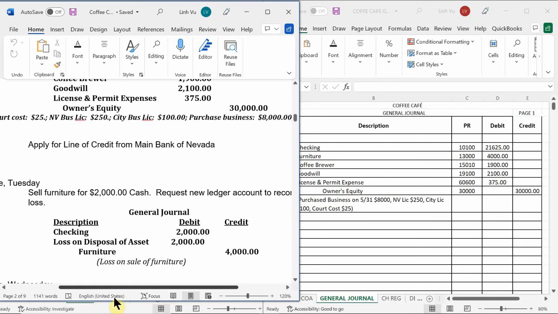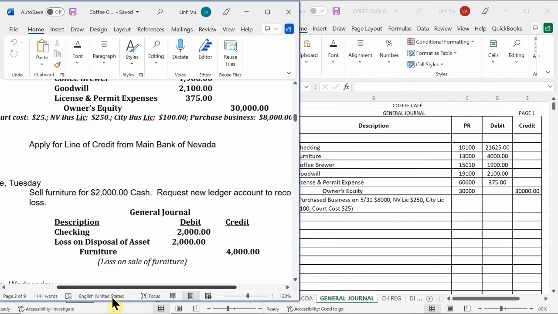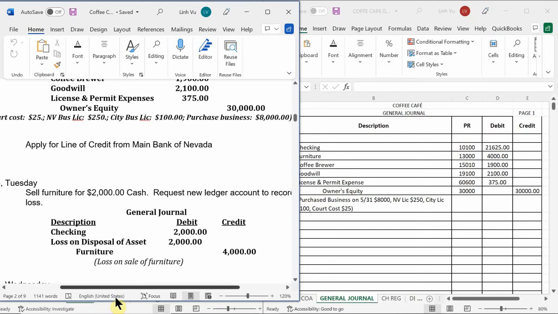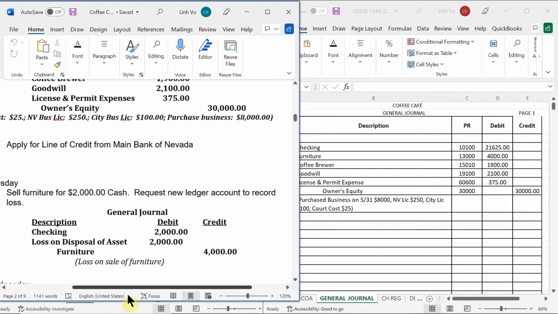So in this case, we got rid of the furniture because again, it came from the previous coffee shop. We don't need it. We can buy our own furniture, okay? So we got rid of the furniture and we end up taking a loss, because how much was the furniture that we originally purchased? It was $4,000, right? And we only got $2,000 cash.